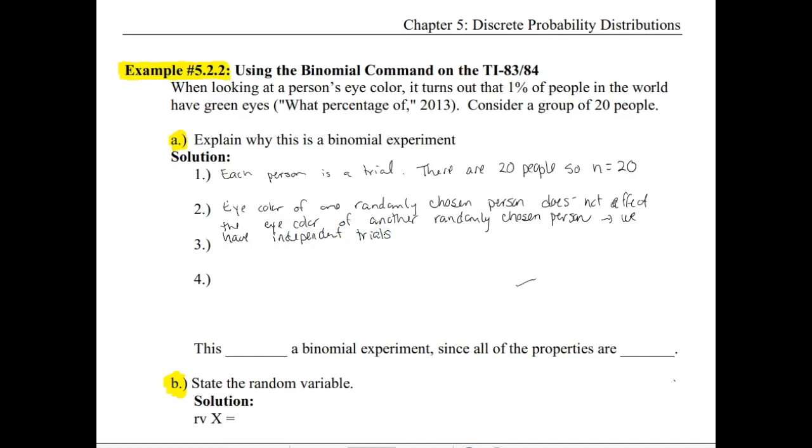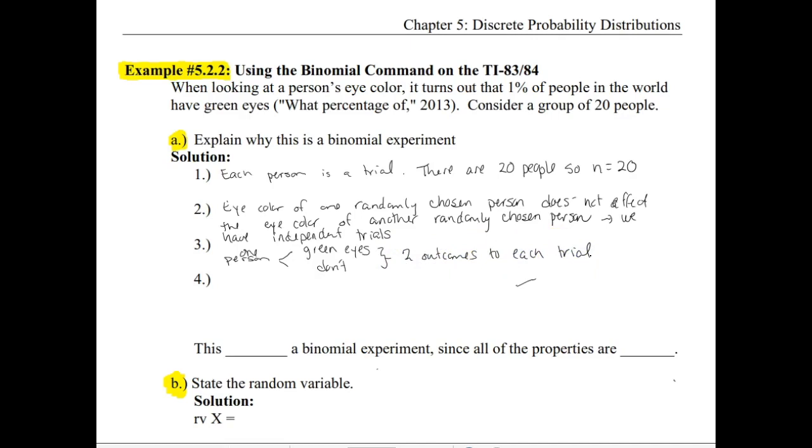All right, the third condition is that each of these trials has to have exactly two outcomes. So if a person is a trial, so one person, either they have green eyes or they don't. So there's two outcomes to each trial.